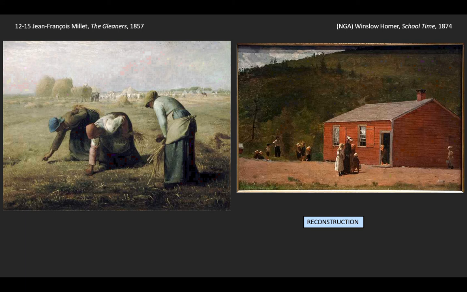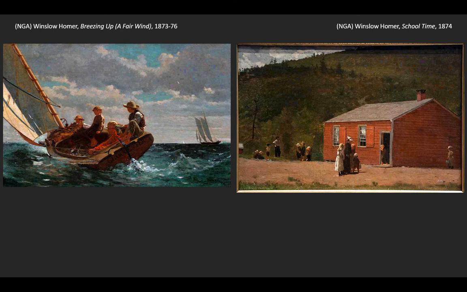These images by Homer that suggest a more peaceful and really an apolitical world may well be a way of reflecting his hopes for what America should be, what it should get back to being in the aftermath of the war. Now, some of Homer's works focus on labor, as the French works did.